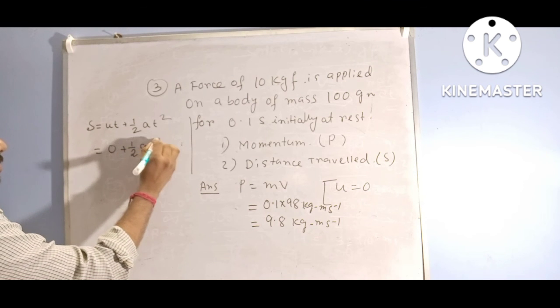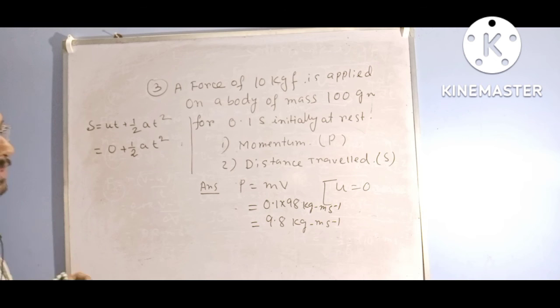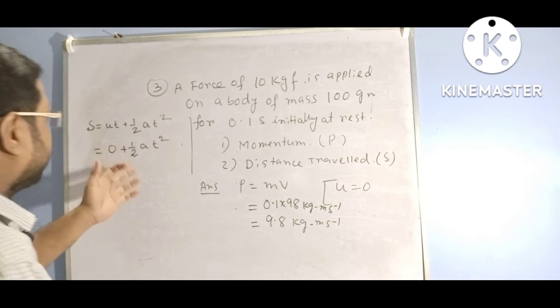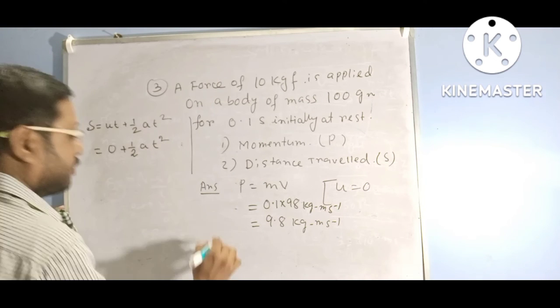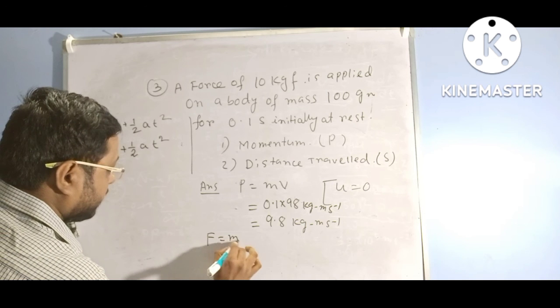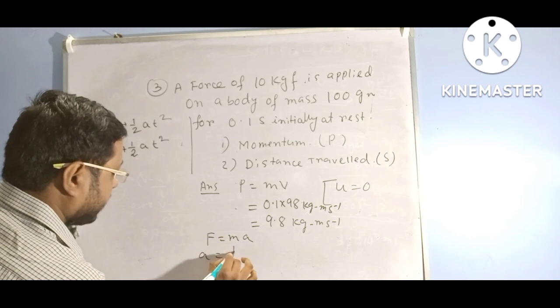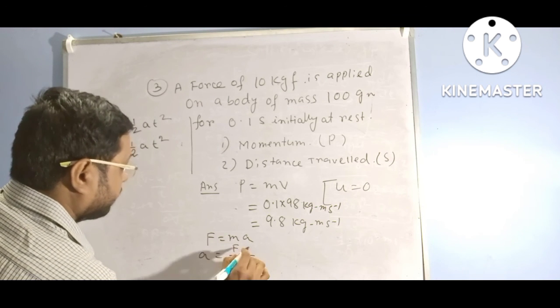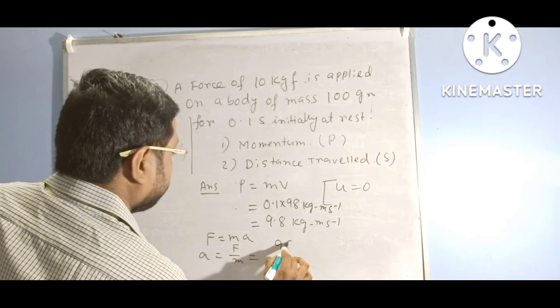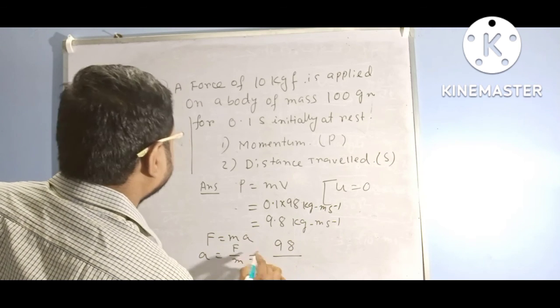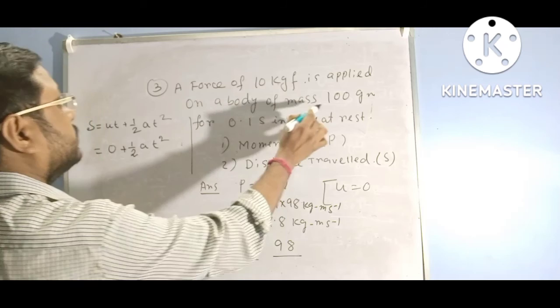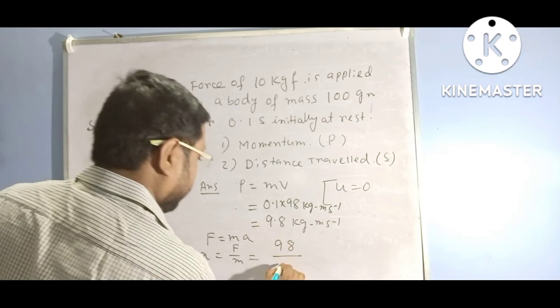What is the value of a? From F equal to ma, a equal to F by m. The value of F is 98 Newton, m is 0.1.